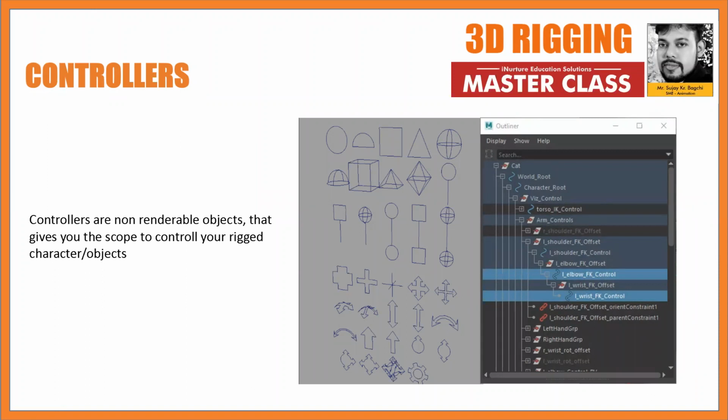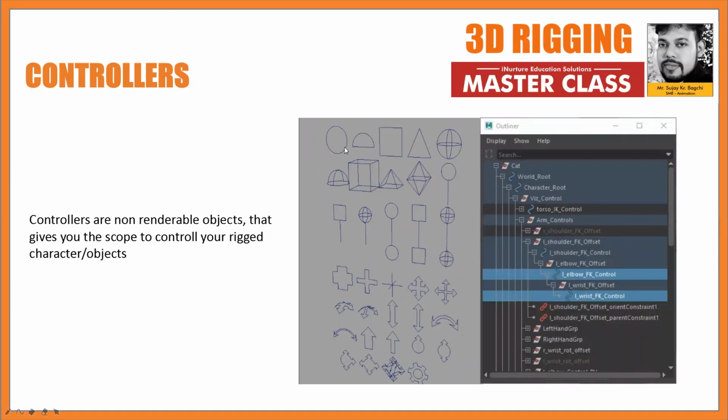So in Maya or 3ds Max we cannot render the elements known as controllers, and they are basically helpers for moving the animal or the object or any other devices you use in your scene.